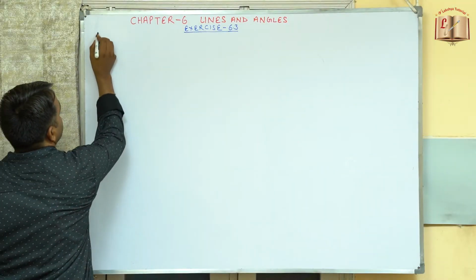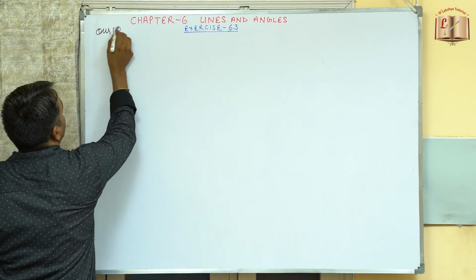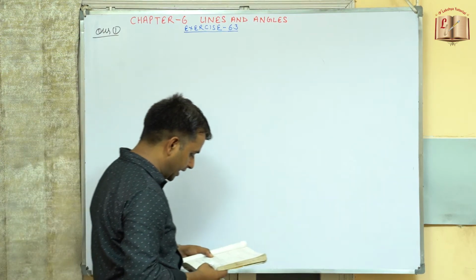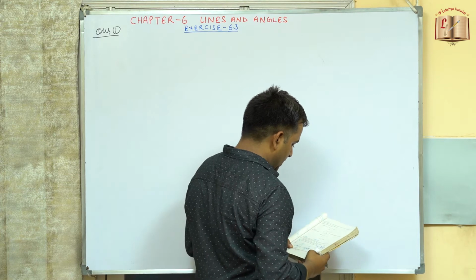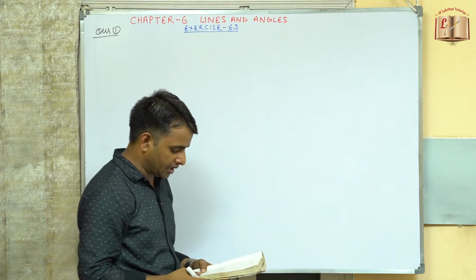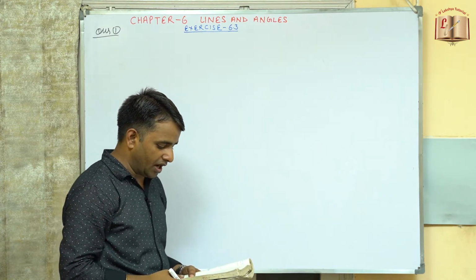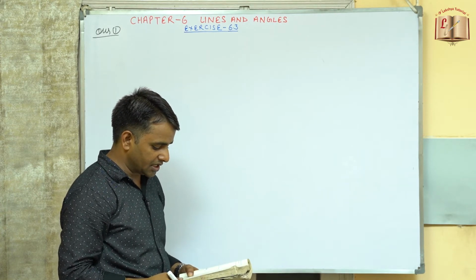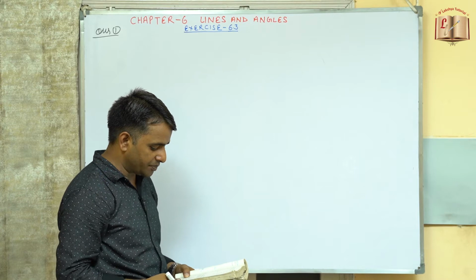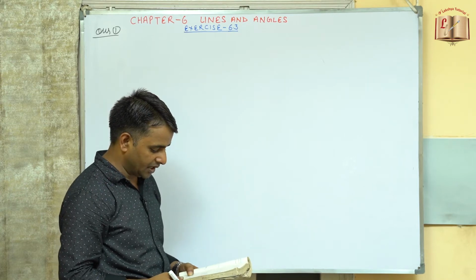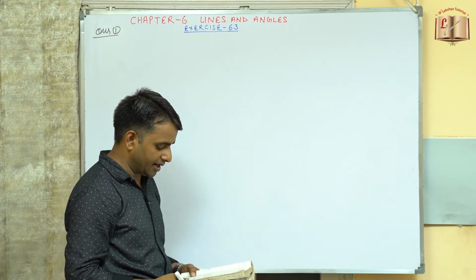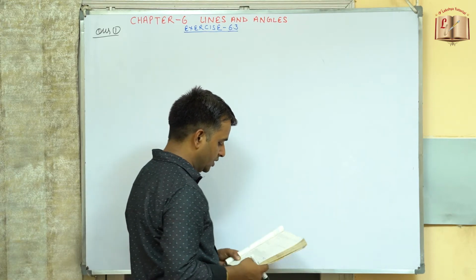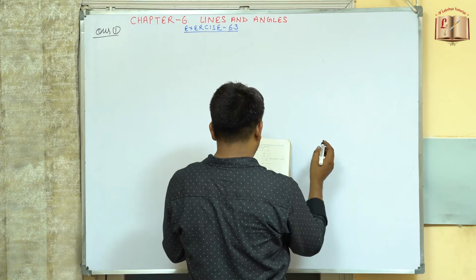Now coming to the exercise, starting with question number 1. In figure 6.39, sides QP and RQ of triangle PQR are produced to points S and T respectively. If angle SPR is 135 and angle PQT is 110 degrees, find angle PRQ. So we will make this figure 6.39.